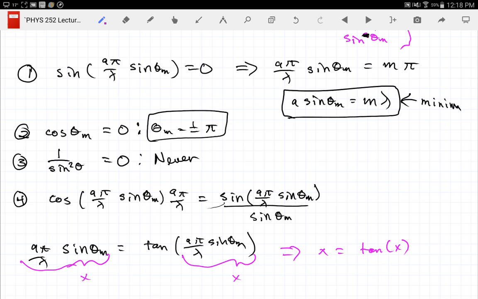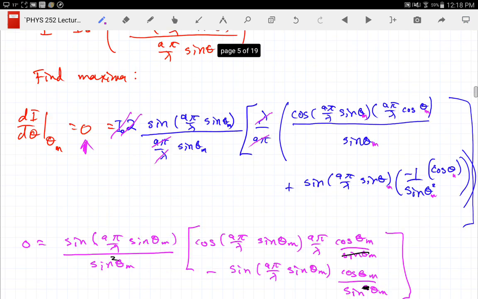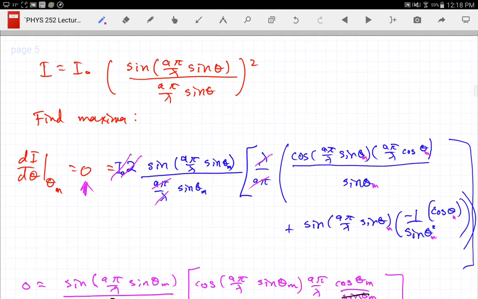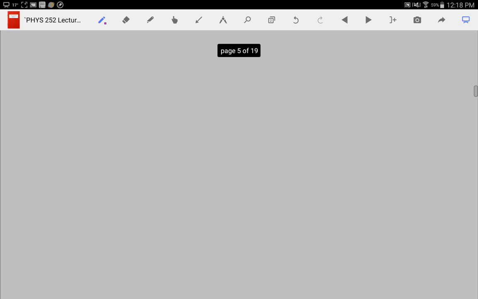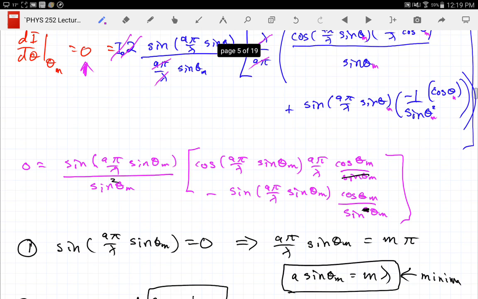Now, there's one more thing that you can do with these equations. Get lots of points for trying. Yes. One more thing is, what about the situation when theta equals 0? If we look at the solutions that we just found, this solution said we have a minimum when theta is 0.